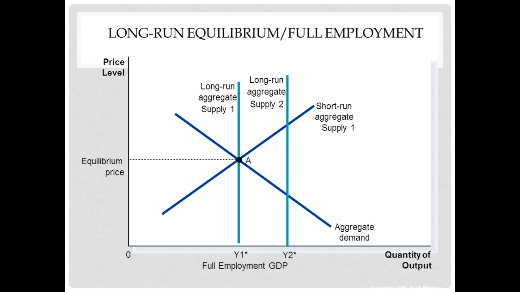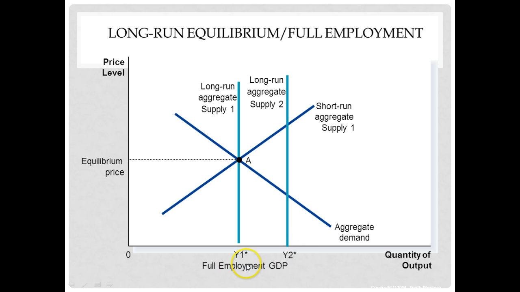But in the long run, if we're looking at economic growth, we can have a shift to the right of the long run aggregate supply curve. Now, notice what's happened. At this new point, we've gone from Y1, this quantity of our GDP right here, to this new quantity of our GDP, Y2. If that's true, then what it means is that we are producing more things at full employment at Y2 than we used to.